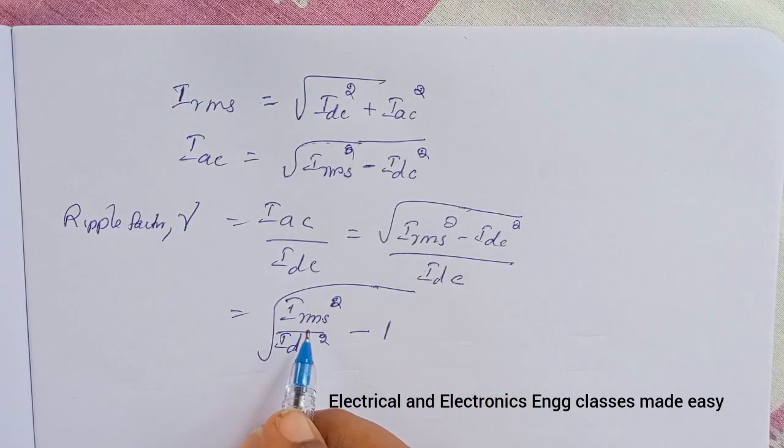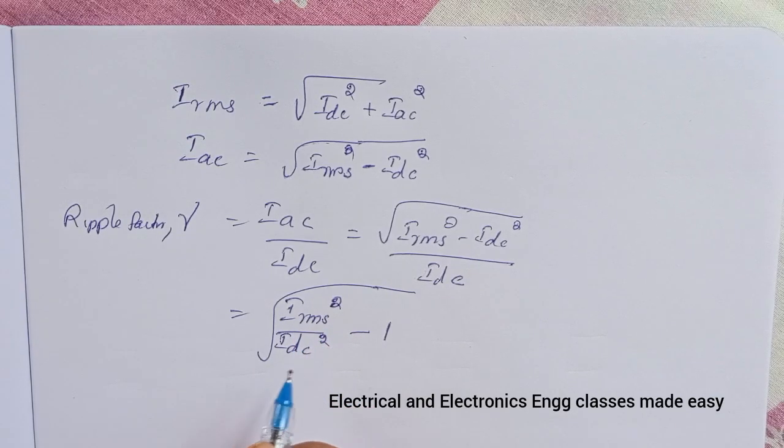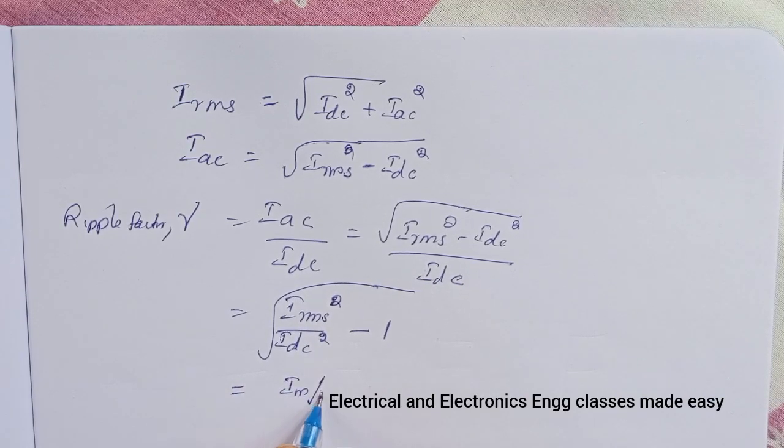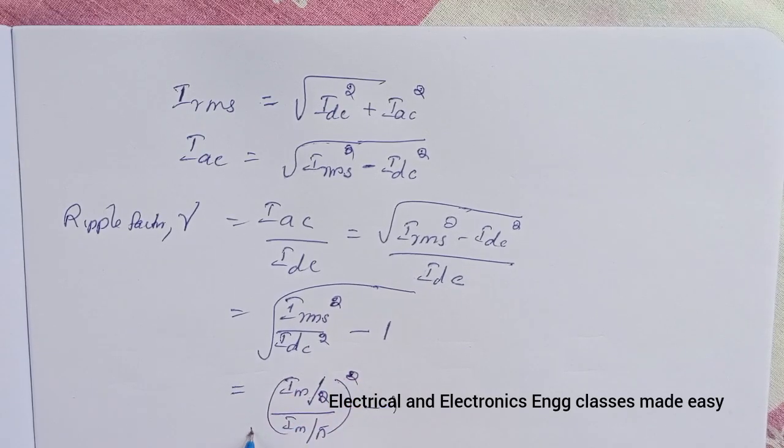IRMS is equal to Im by 2, that is Im divided by 2, divided by IDC, which is Im by pi, the whole square, minus 1, square root.